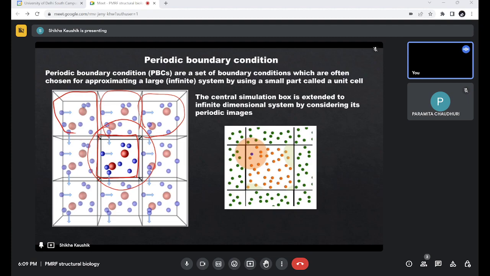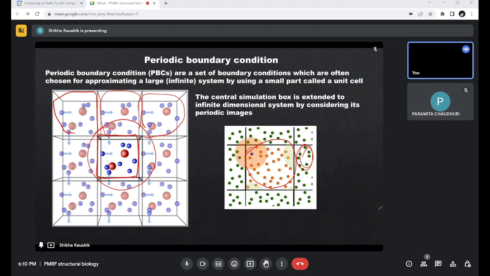Coming to the concept of the central simulation box, this is actually showing a system at the center, and it has similar systems present in its surroundings, represented by the light green balls and the light orange balls.